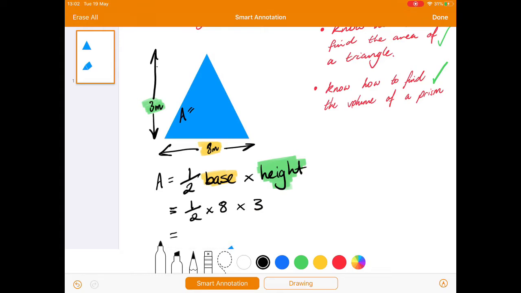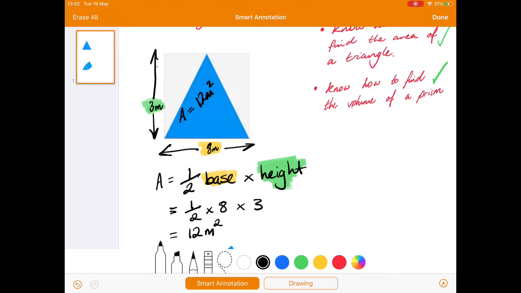Put that into our calculation. Half of 8 is 4. 4 times 3 is 12. Now it's an area and the unit is meters, so it's 12 meters squared. So that's us worked out the area of a triangle. So that's a little reminder for you.